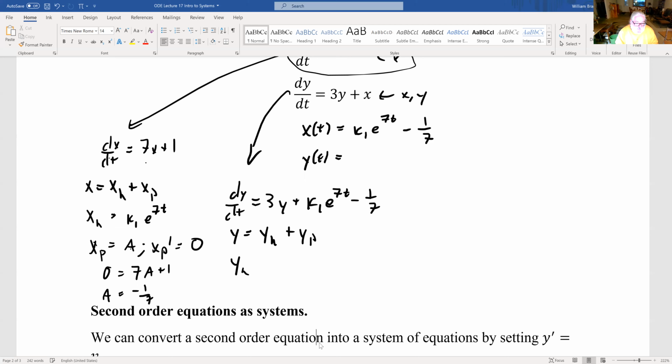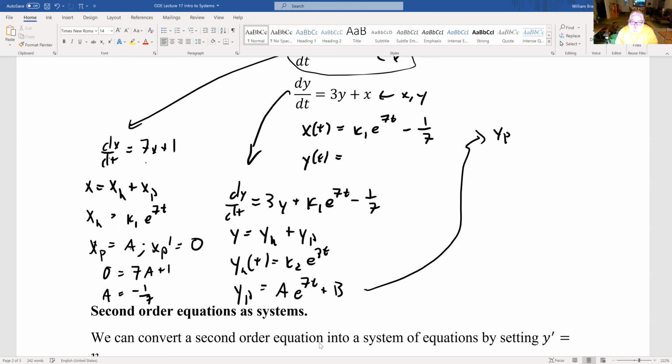The homogeneous solution is k2 e to the 3t, because we already used k1 for x. And then the guess would be a e to the 7t plus a constant b. If we come up here, we can say that yp prime will be equal to 7a e to the 7t. The derivative of the constant is 0. Plug that in. dy/dt is 7a e to the 7t.